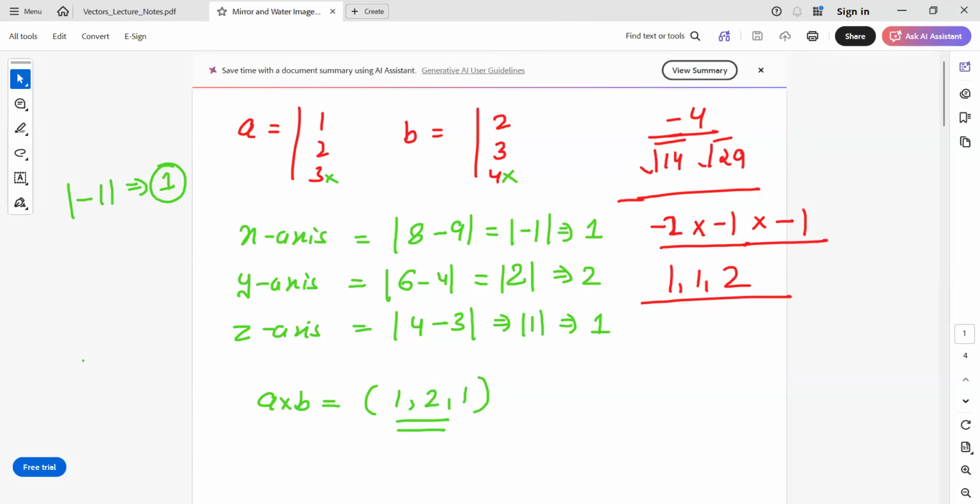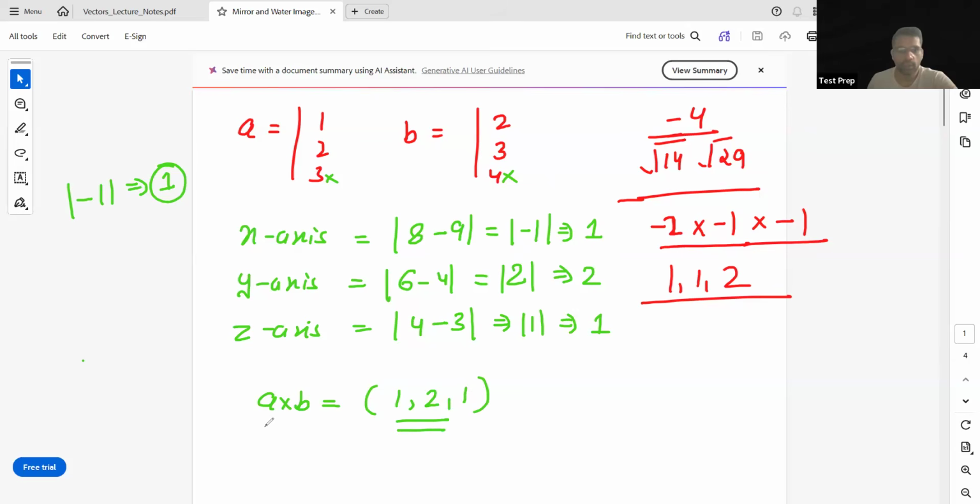Sir, is this the cross product or the component magnitudes? No, this is the cross product, only A into B. So if you have to find the magnitude, A magnitude is the under root of 1 square plus 2 square plus 3 square.